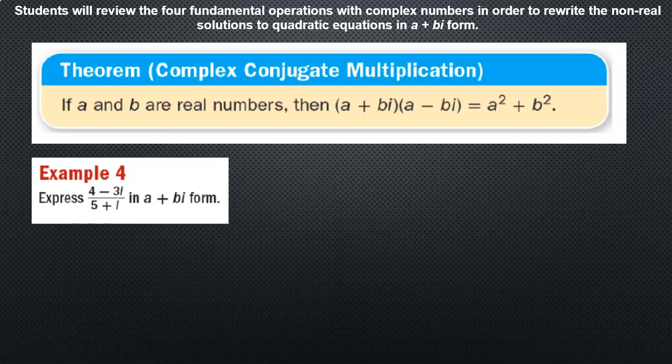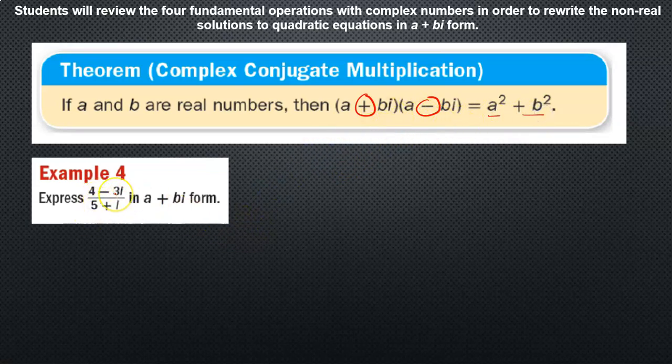So what you're going to do is multiply by something called the conjugate. To find a conjugate, the only thing that's different is the sign in between. So the conjugate of a plus bi is a minus bi. And when you multiply these together, you're going to end up with a squared plus b squared, because your middle terms will always drop out.